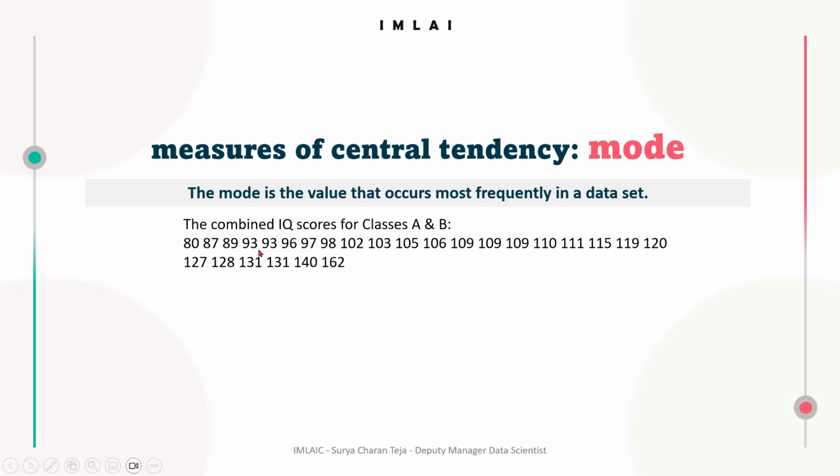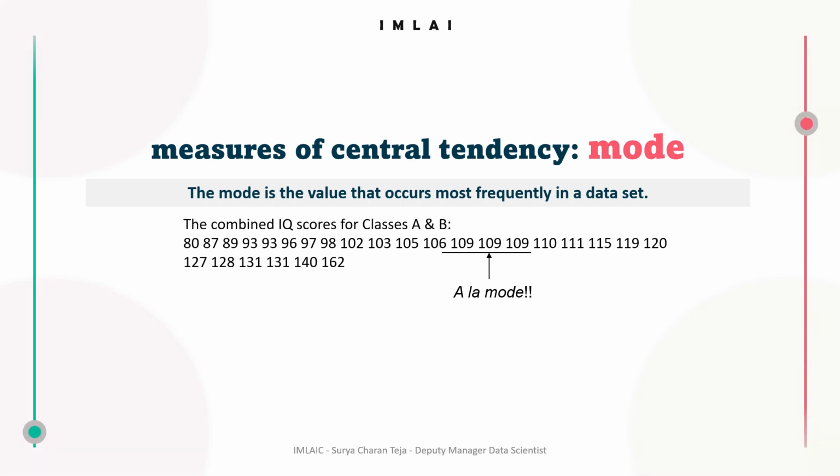As per the definition of mode, what could be the mode of this data set? 109 is repeating 3 times, so 109 is the mode of my data set.